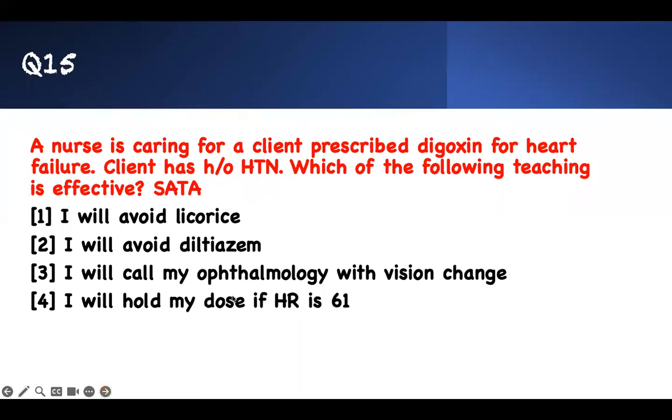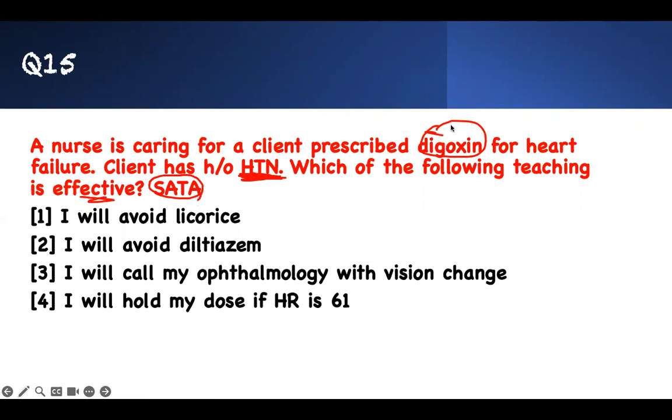And the last one. A nurse is caring for a client prescribed digoxin for heart failure. Client has a history of hypertension. Which of the following teachings is effective? So backward, SATA, effective.